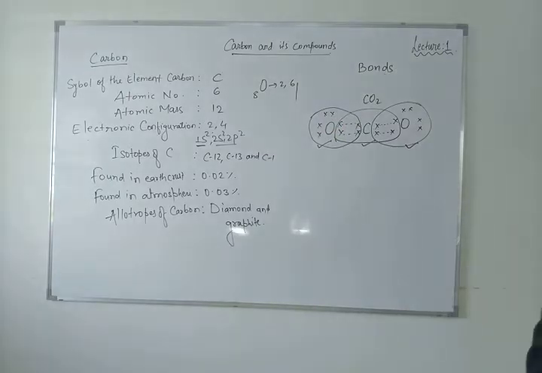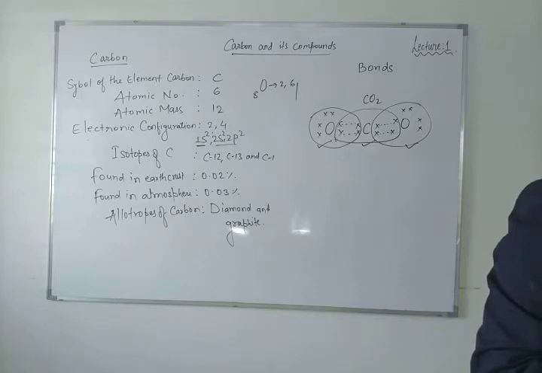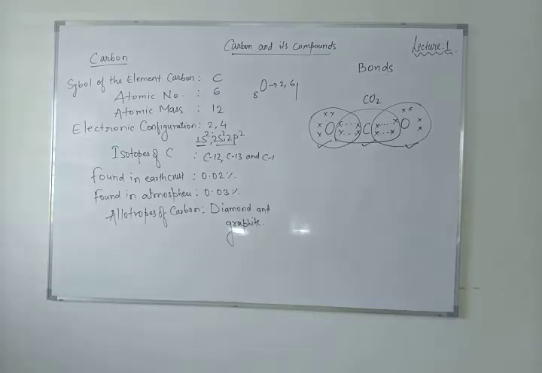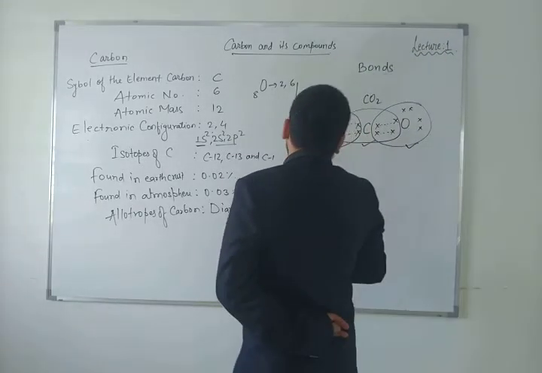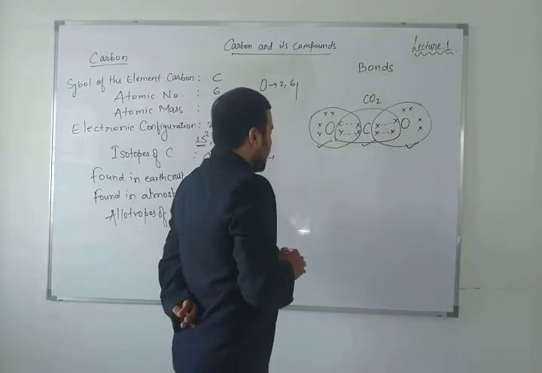What would be the electron dot structure of a molecule of sulfur, which is made up of S8 atoms? The 8 atoms of sulfur are joined together in the form of a ring. My dear students, I am showing you how these sulfur atoms are formed.